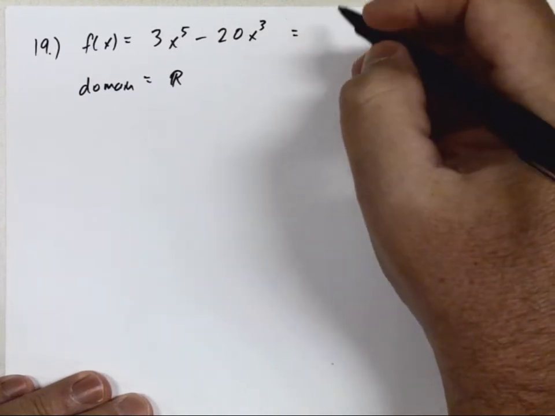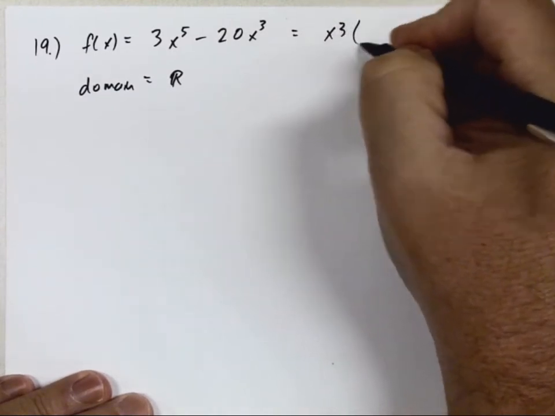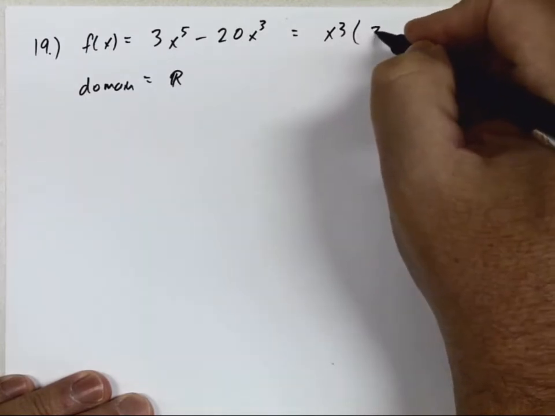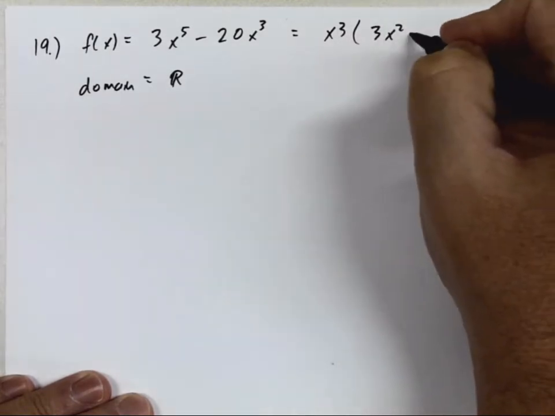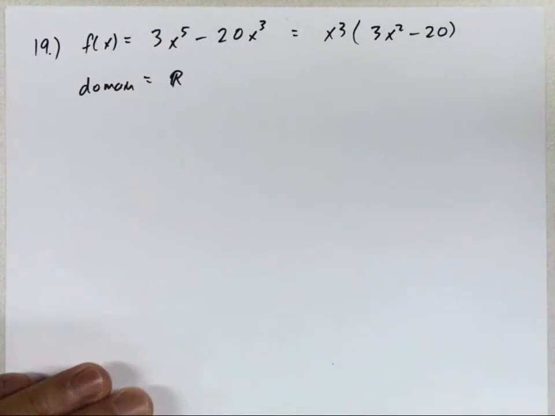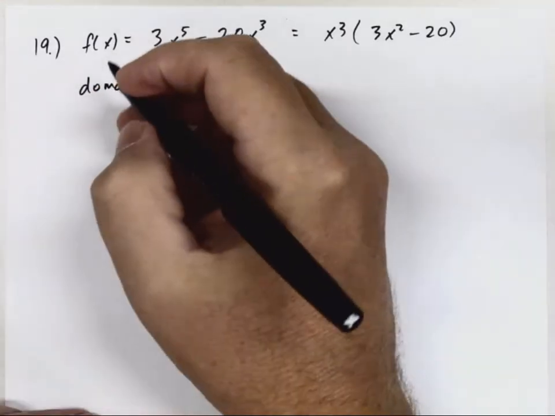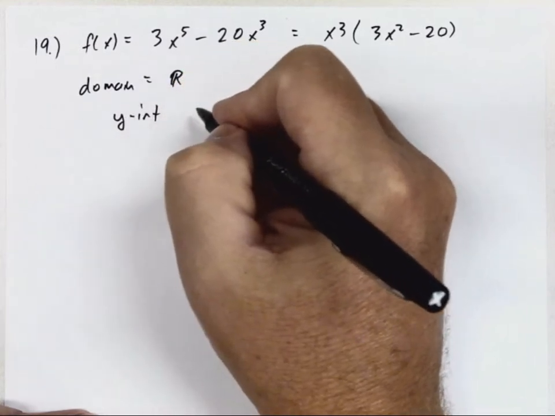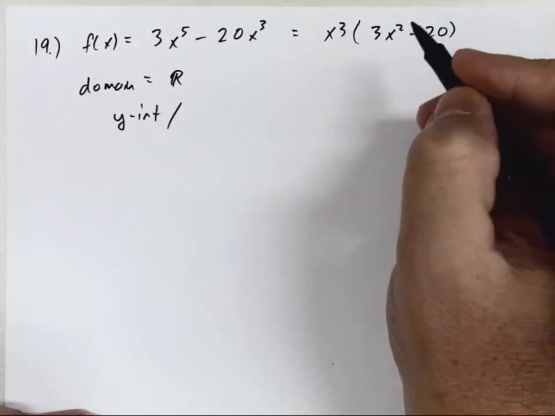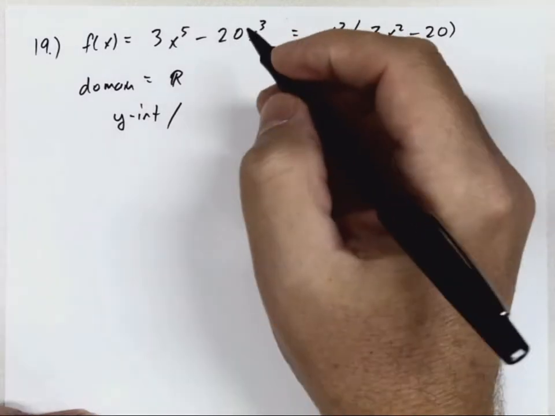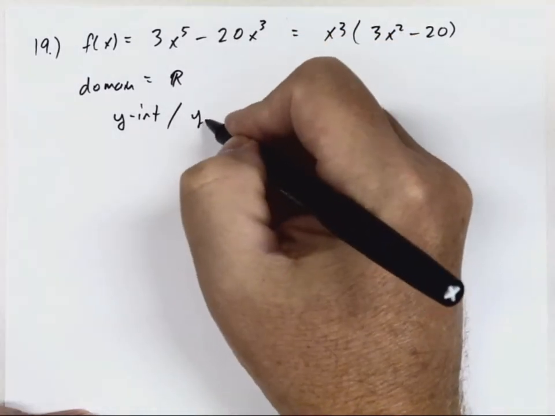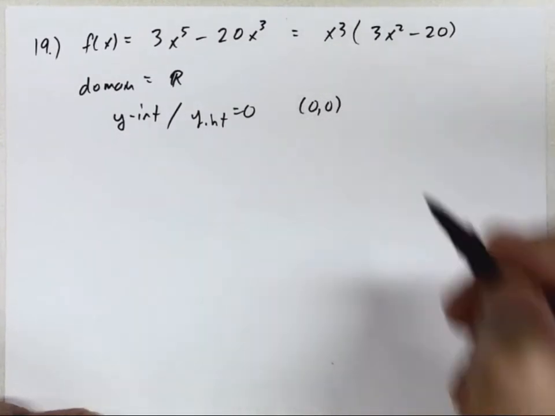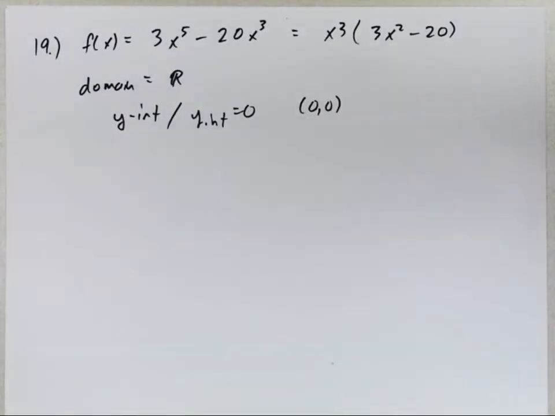Let me factor this. I don't know if this is going to help or not, but I can factor out an x cubed. And I have 3x squared minus 20. Y-intercepts, if I set x equal to 0, so actually, it looks like this graph is going to go through the origin.